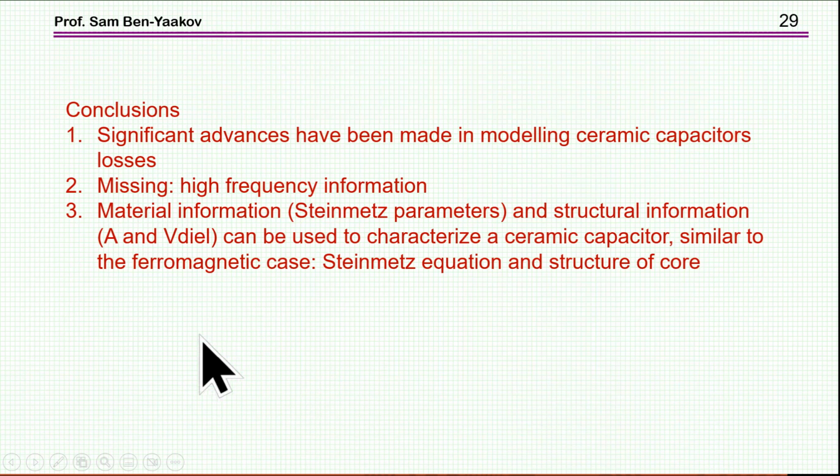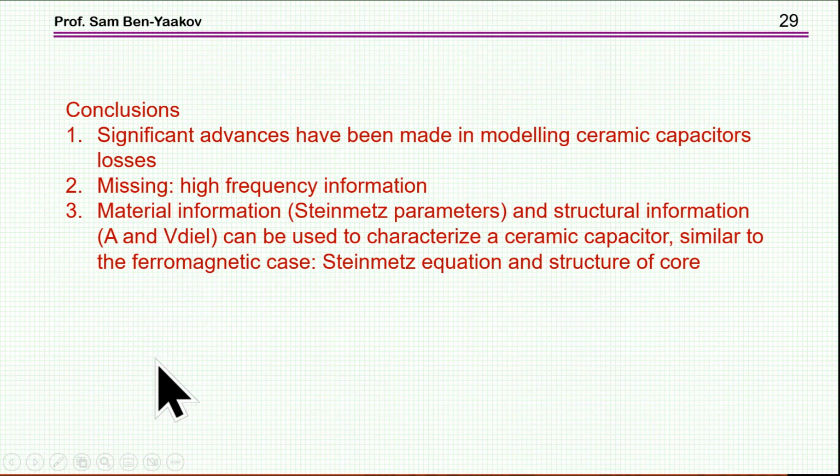First of all, I think there are some significant advances in the modeling of ceramic capacitor losses. We still miss high frequency information. Most of the information gathered in the paper that I've shown is for relatively low frequency because it was intended for filters rather than for converters. So there is some need for information at high frequency.